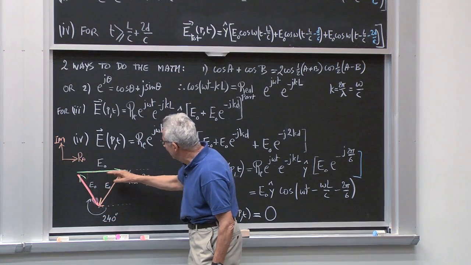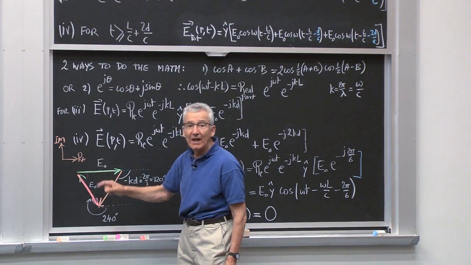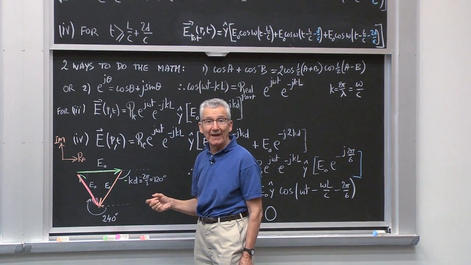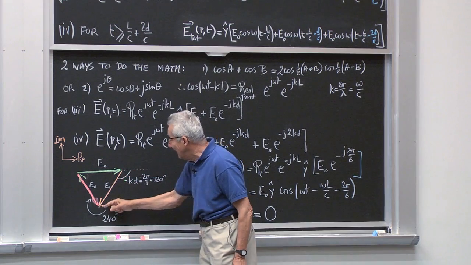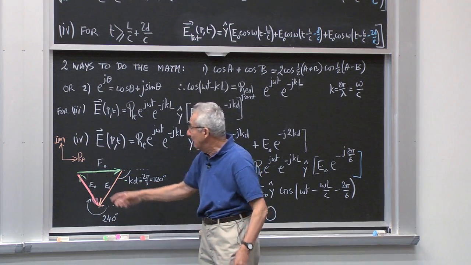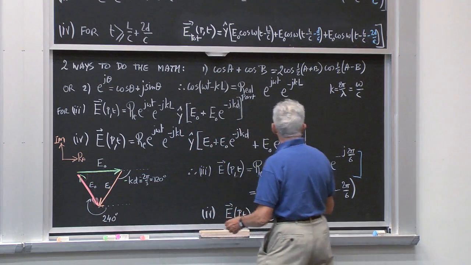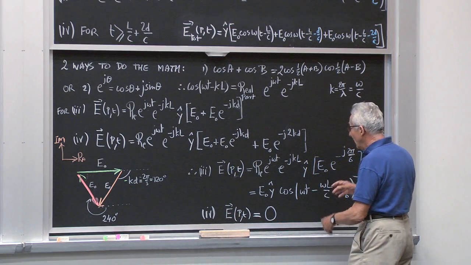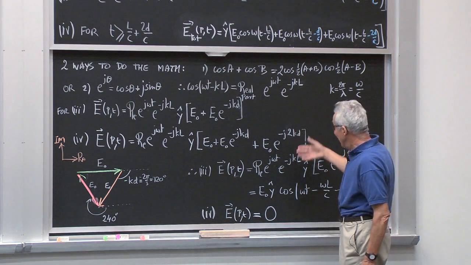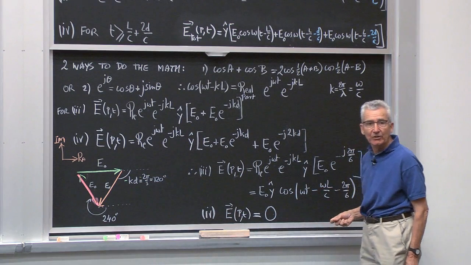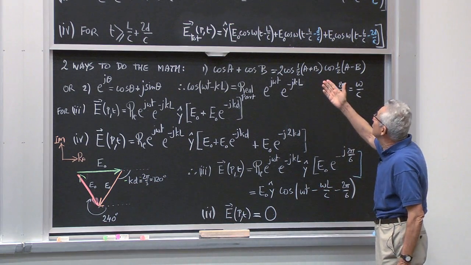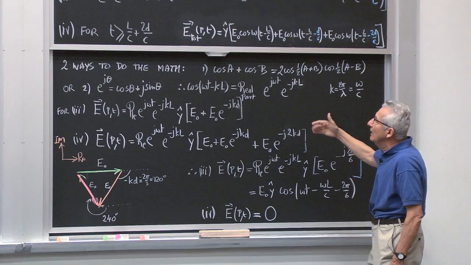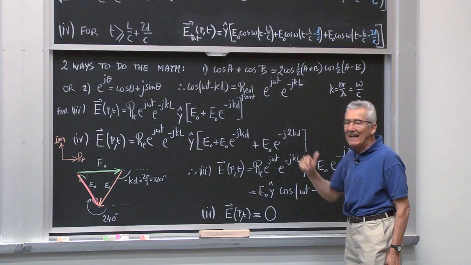So now we're adding this to that to this, and even I can solve that in my head. If I add this vector to that, I get 0. I'm back where I started. So this quantity is 0, and so the electric field will be 0. And see how relatively easy it is to do if you use this complex amplitude method.